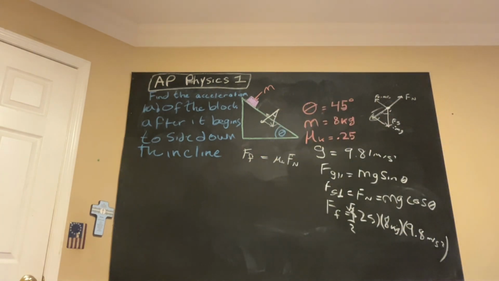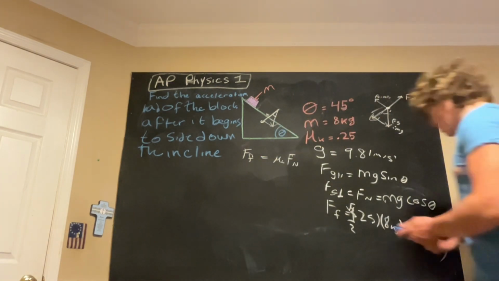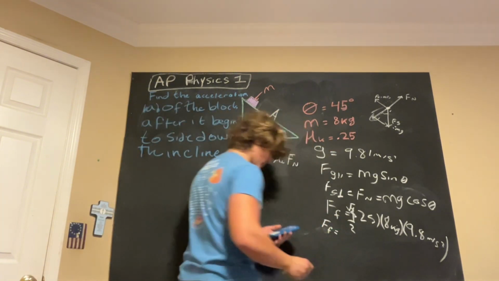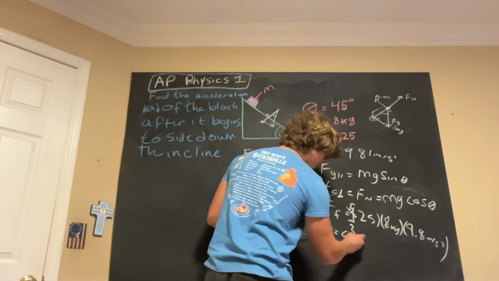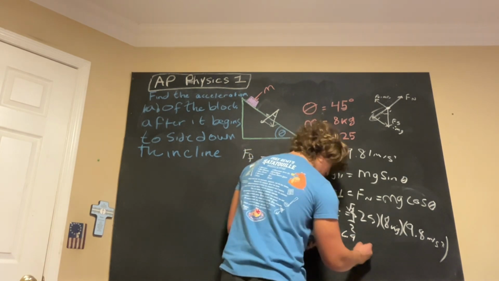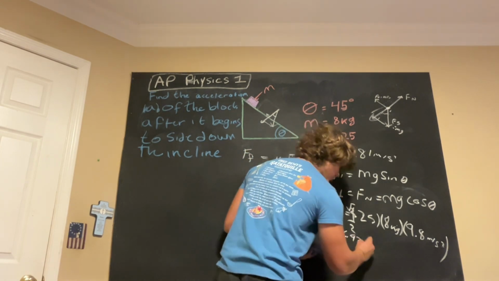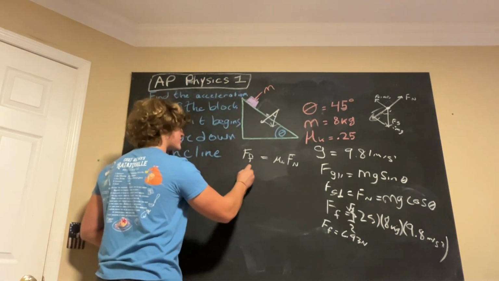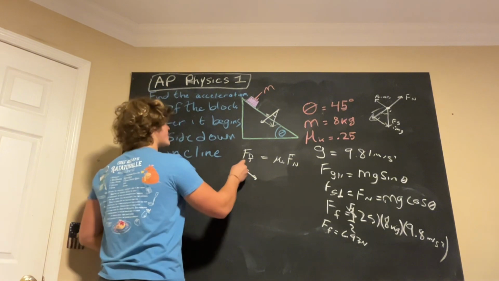So when we grab a calculator and plug all of this in, our force of friction is equal to 6.93 newtons.